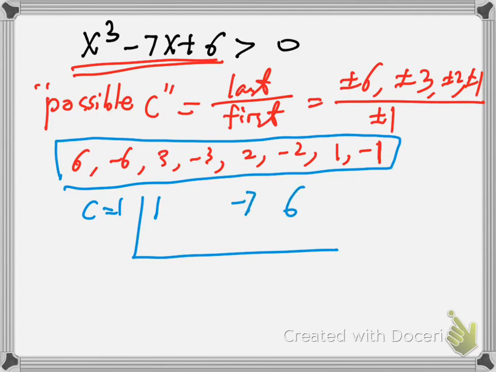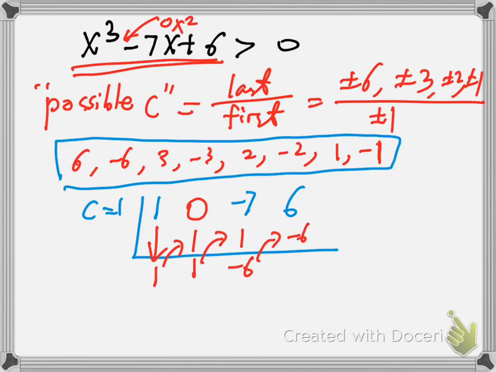So be careful about the missing degree. There is a missing degree 2 term, 0x squared. So it's 1, 0, -7, 6 inside. There are 4 numbers. So bring down 1, and then this is 1, multiply, addition, multiply, addition, multiply, and then remainder 0. So we are very lucky. The first number we checked give us remainder 0.